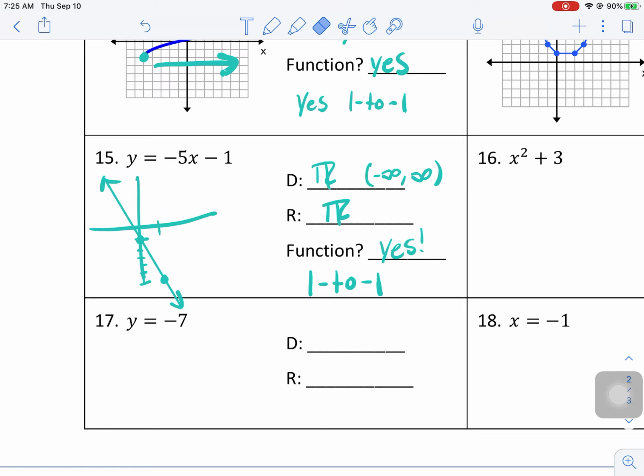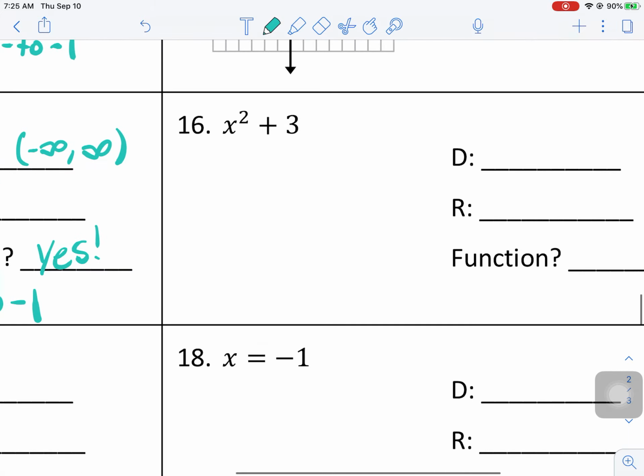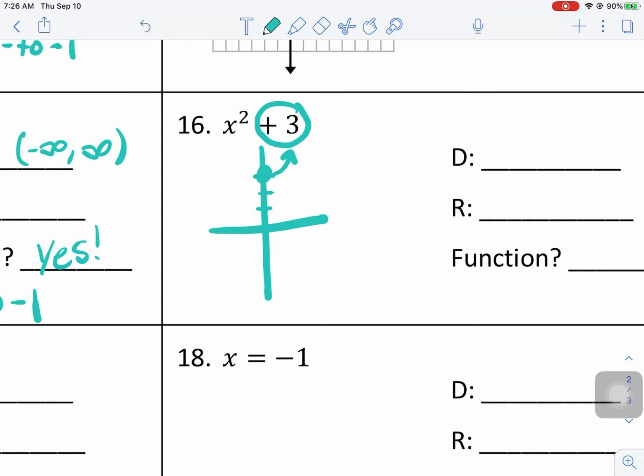Okay, the ones that are a little bit tougher is going to be this question right here. There's only one on the homework that looks like this, but just for reference, okay? This positive 3 tells me where we're crossing the y. Okay, so we're crossing the y at positive 3. And then an x squared graph, if you don't remember, looks like a u. Okay, so because it's positive, it's opening up.